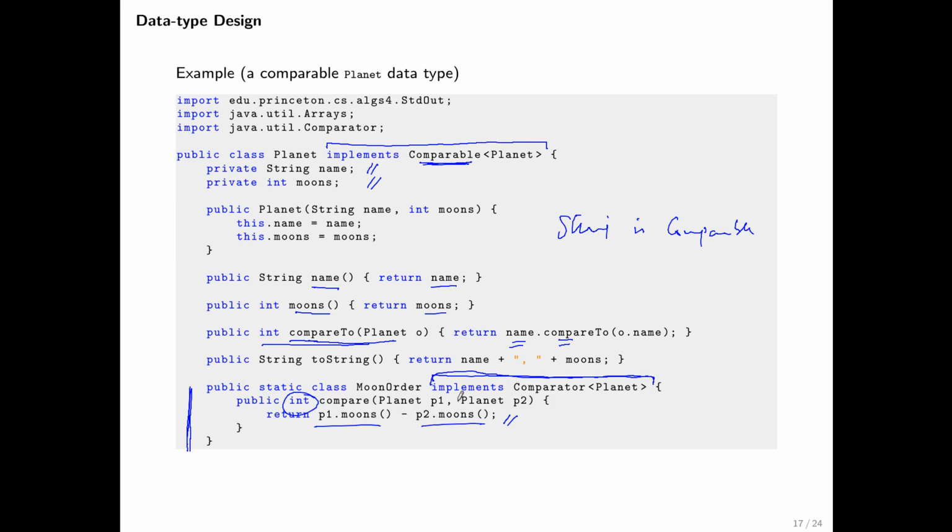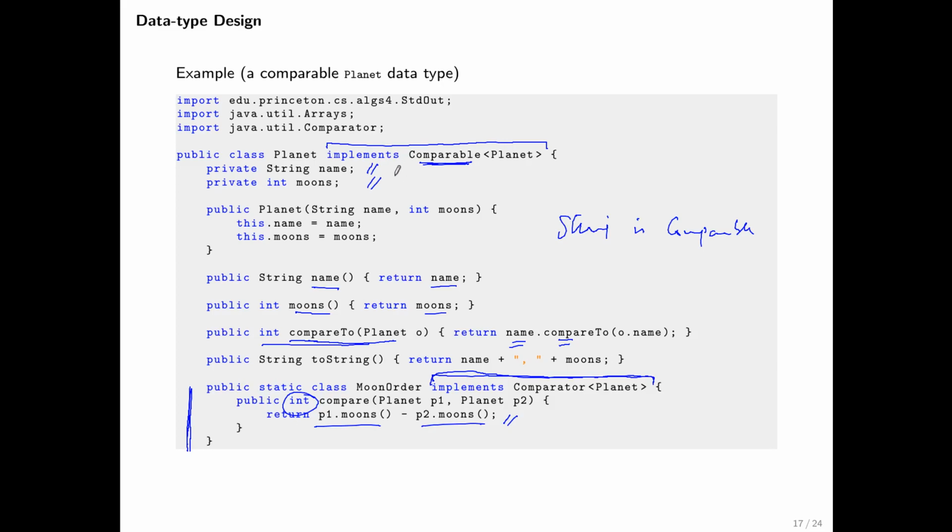Okay, so it's a very elegant implementation. Of course, you could have also done this using an if statement, but that's just too verbose. This is a much shorter, elegant way of implementing the same thing. So that's how we provide an alternate way of comparing two planets by the number of moons, as an inner class.